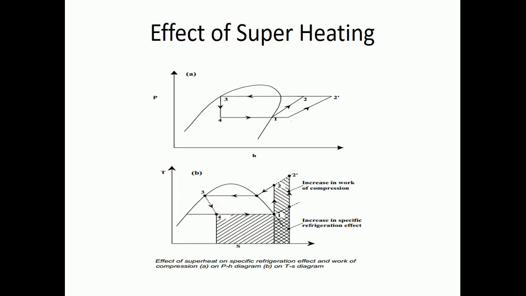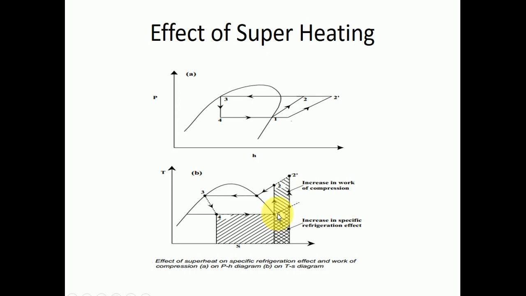Now the effect of superheating. When we are not in the superheating region, we have the compression from saturated 1 to 2, and we have the refrigerating effect from 4 to 1.